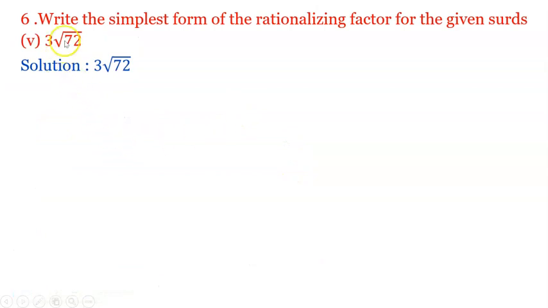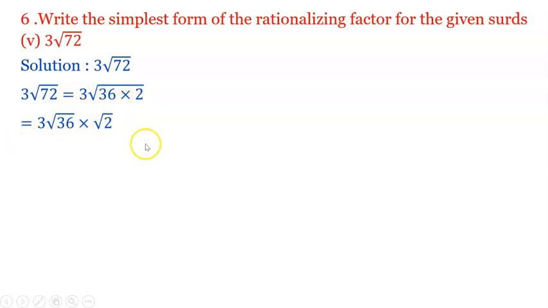Next, 3 root of 72. Now, root of 72 can be written as root of 36 into 2. Again, 3 root of 36 into root 2. Root of 36 is 6, into root 2, that is 6 root 2, and here 3 into 6 root 2 means 18 root 2.